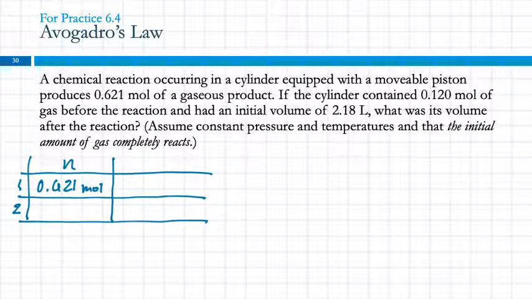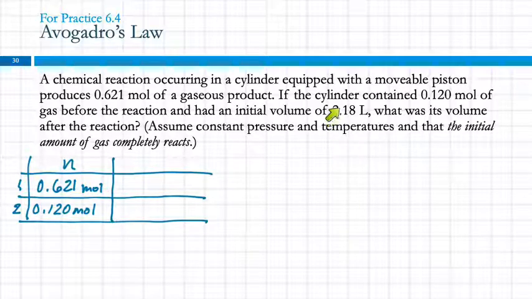So that's the product. If the gas cylinder contained 0.120 moles of gas before the reaction, that's also moles. And it had an initial volume of 2.18 liters.